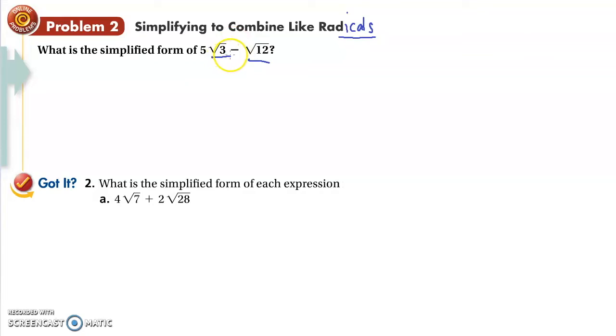This is 5 square root 3 and this is square root 12. If they're not like, you can't add them the way that they are. But I also note that square root 12 is not simplified as low as it can go.